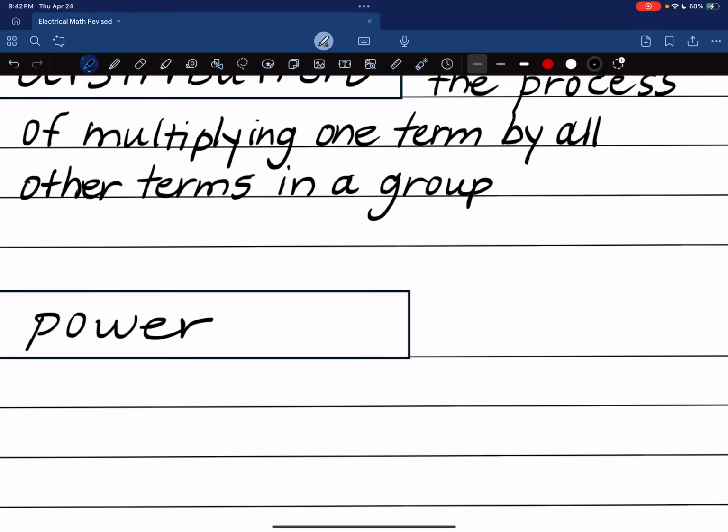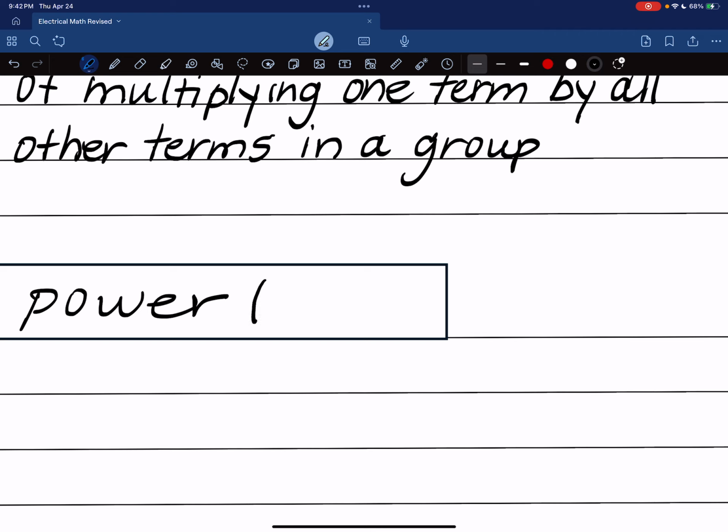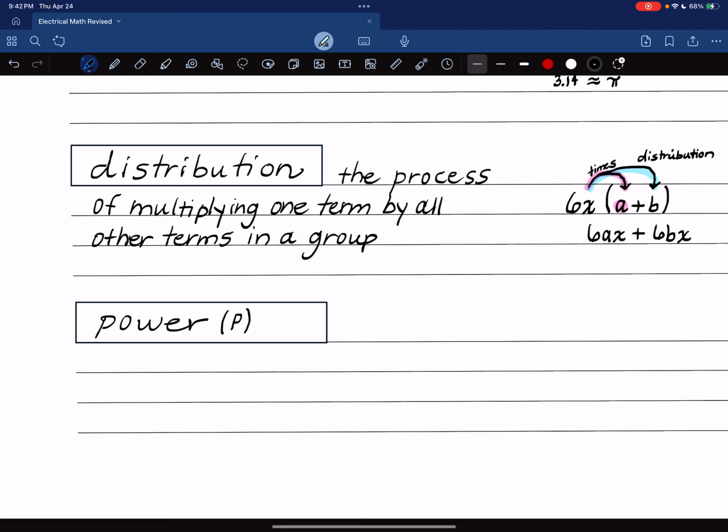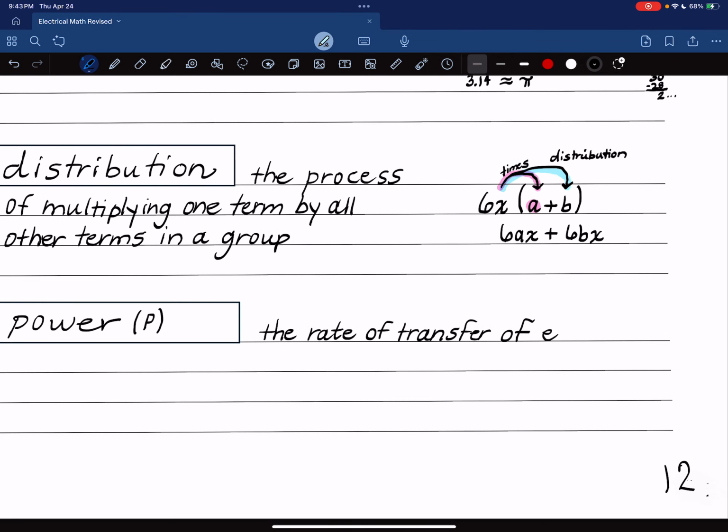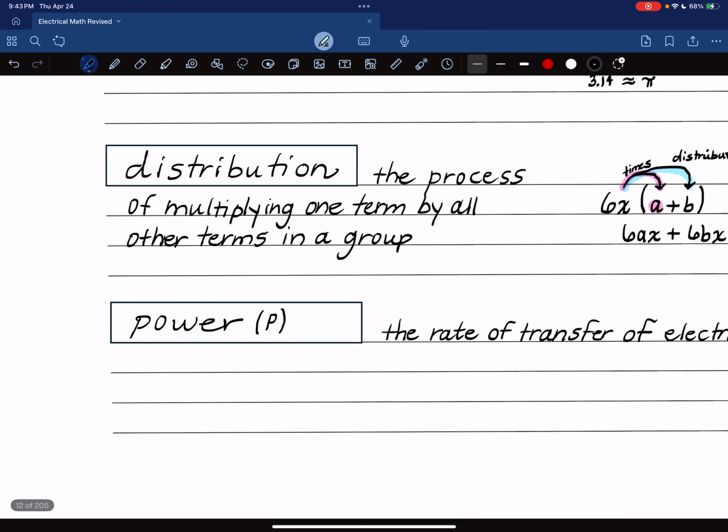First of all, the symbol for power is a capital P. And power is defined as the rate of transfer of electrical energy within a circuit.